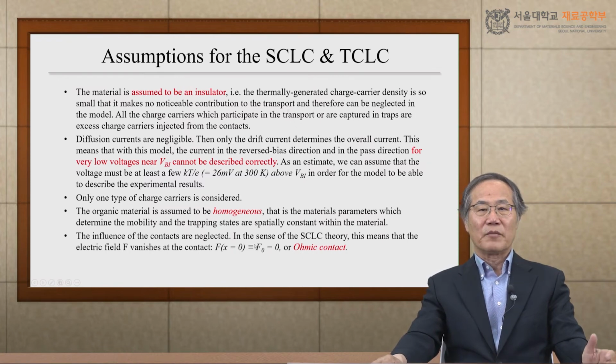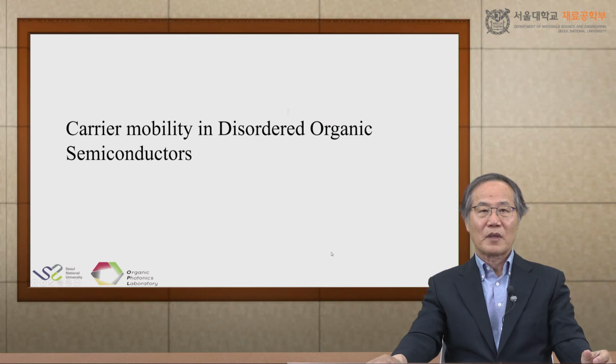Usually, the metal-organic semiconductor junction is not an ohmic contact if you don't have any special treatment. So you should be careful whether it is possible to apply these SCLC or TCLC equations.